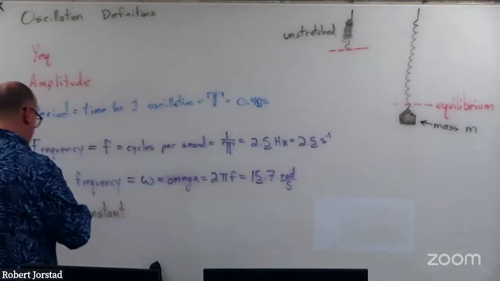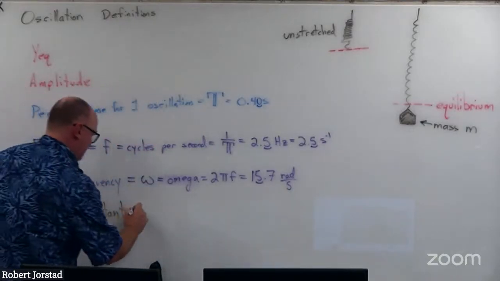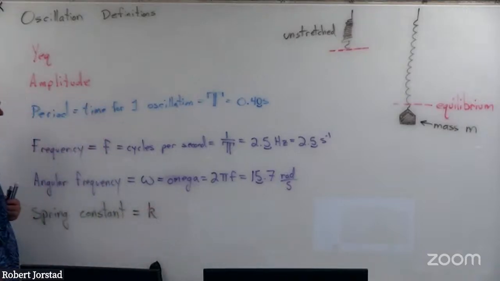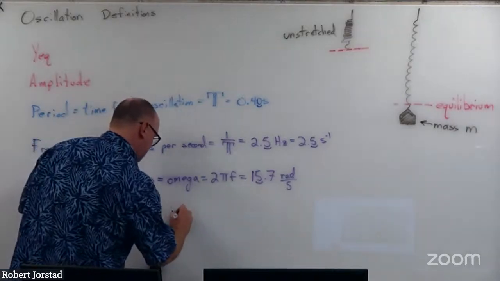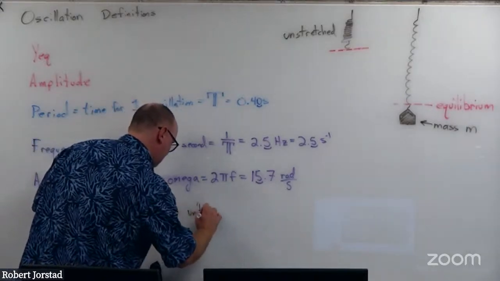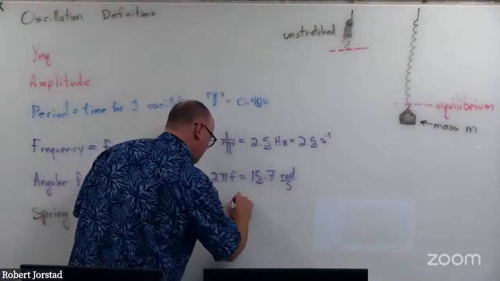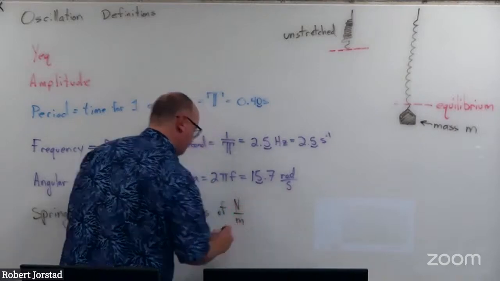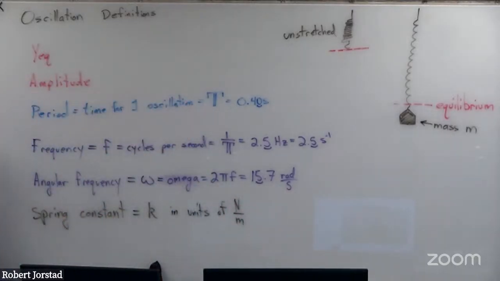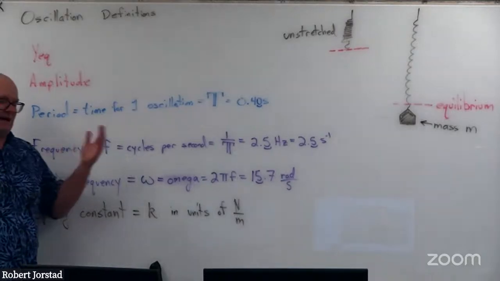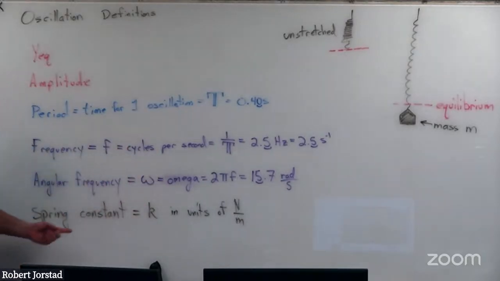Spring constant, just a quick reminder on that. K is the spring constant, all right? And in units of newtons per meter. It turns out we're going to be doing oscillations in this chapter and use the letter K for spring constant with these units.